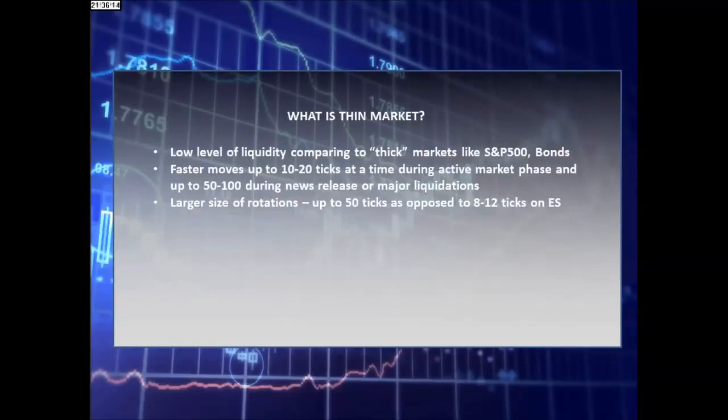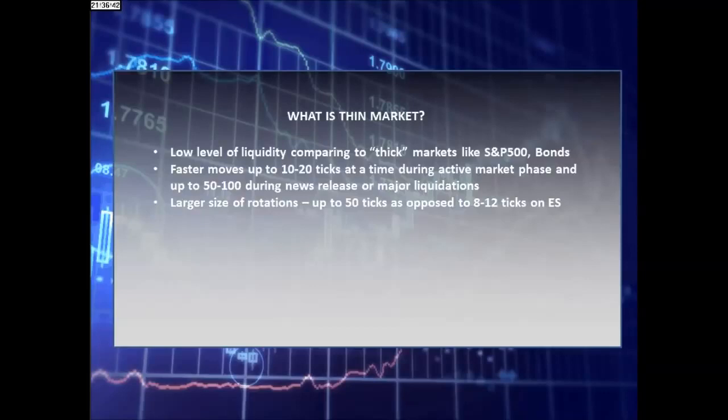I want to talk a little bit about thin market first, because as a user of Jigsaw trading tools and a member of the group, you are most likely exposed to traditional thick markets like treasuries, like indices, like S&P 500. So, what is the difference?